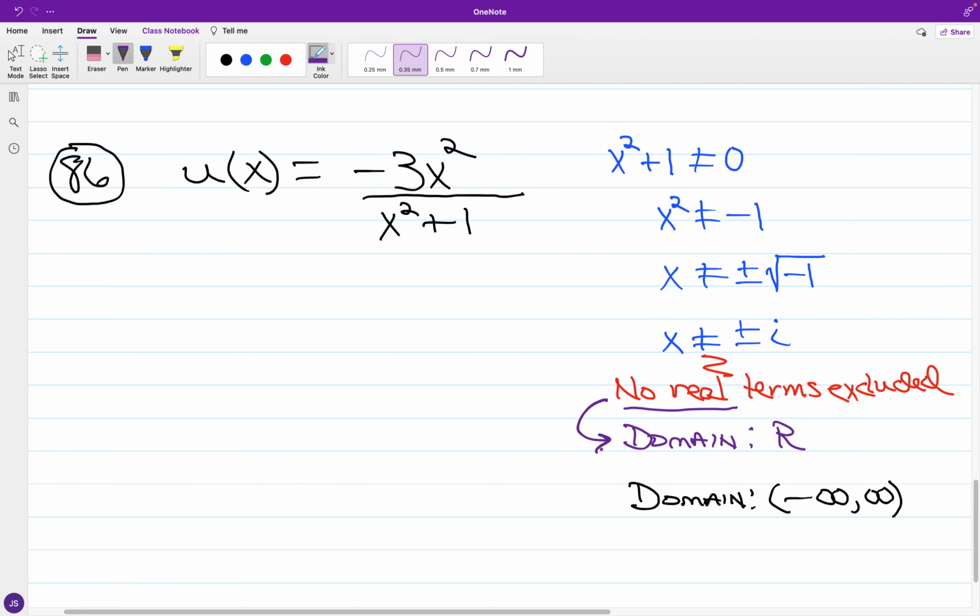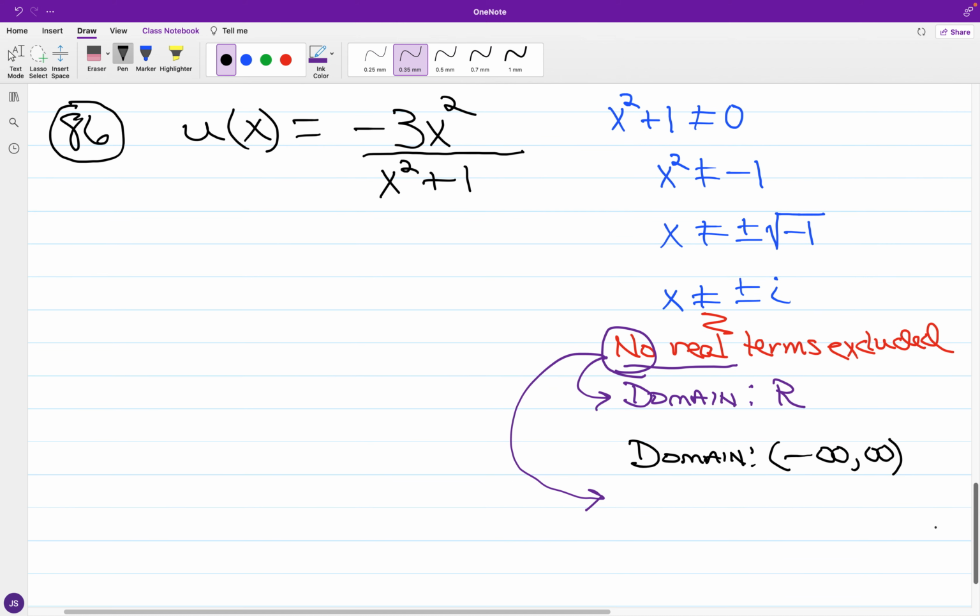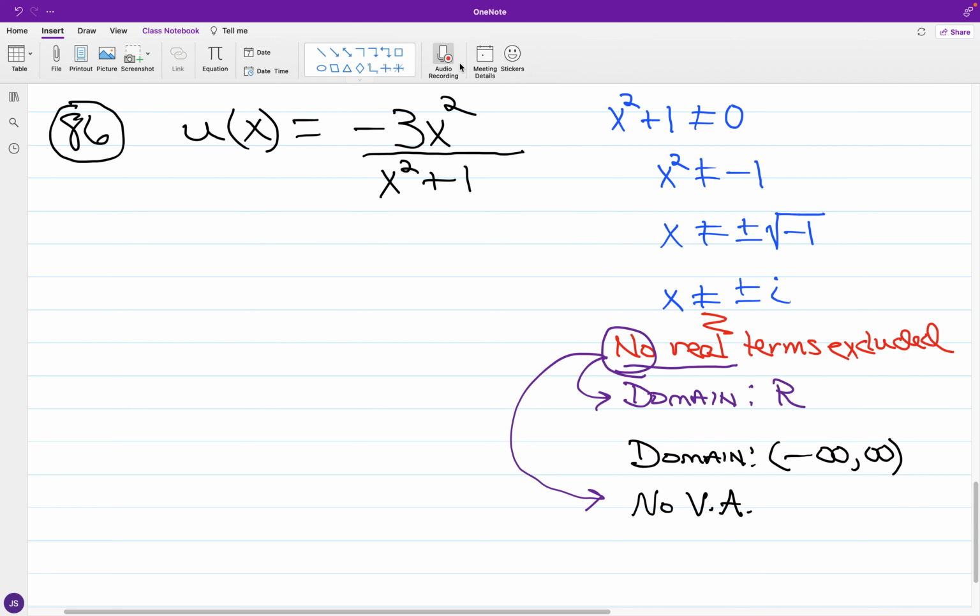So the domain is going to be the set of all real numbers, and since we have no real terms excluded, that means there's going to be no vertical asymptote. Again, for any possible vertical asymptotes, there must be some exclusion from the domain.